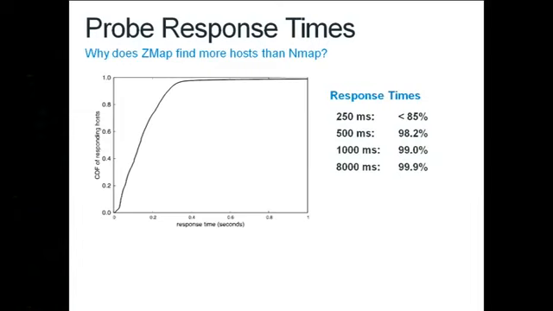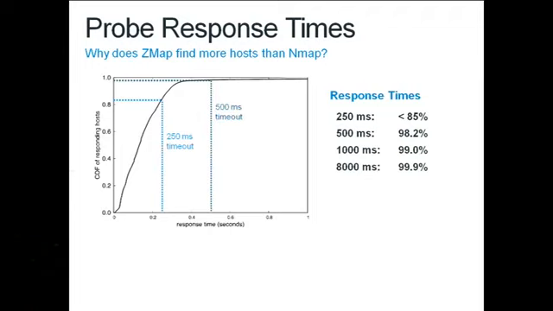If we do an experiment where we measure how long it takes for an ACK to come back after we send a SYN, with a huge number of hosts, we can plot this as a cumulative fraction. What we find is that if you just wait 250 milliseconds for an ACK to come back, you're only going to see about 85% of responsive hosts.